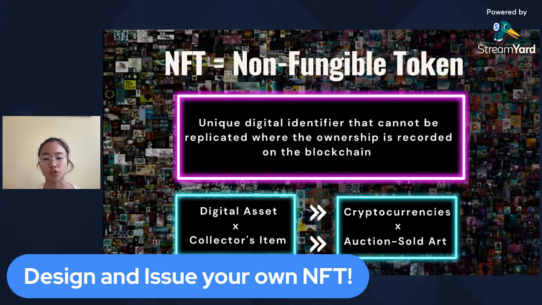That's very similar to art sold in auctions where people buy artwork for either investments or their own personal display or use. Except for NFTs, it's in digital form. The NFT is like the art, and the NFT marketplace is like where the auction is being held. Each of them represents unique assets that are owned by a specific person.